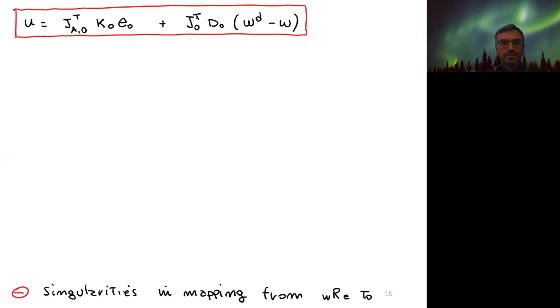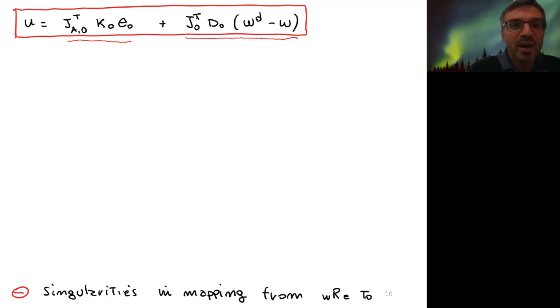Then we miss the angular velocity part because we want to do a PD control law. So we are using the analytic Jacobian for the stiffness, and for the angular part, because omega is already a Euclidean vector, we still use the geometric Jacobian.